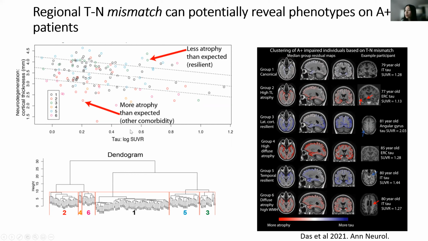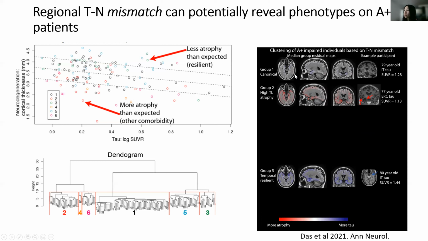Based on the residuals of TN linear models on 104 bilateral cortical brain regions, we partitioned those amyloid positive individuals into data-driven phenotypes. We obtained 6 distinct clusters with spatial vulnerability and resilience.